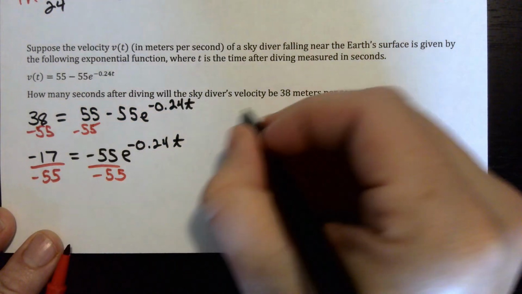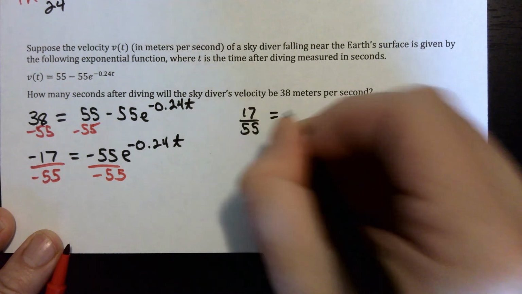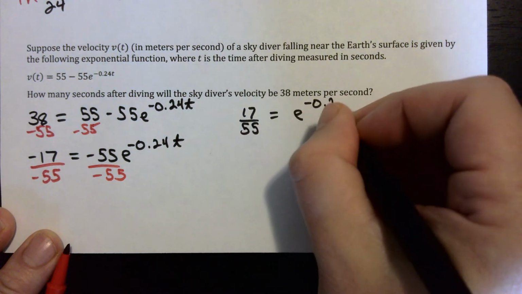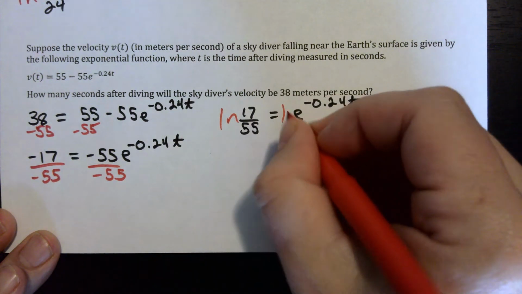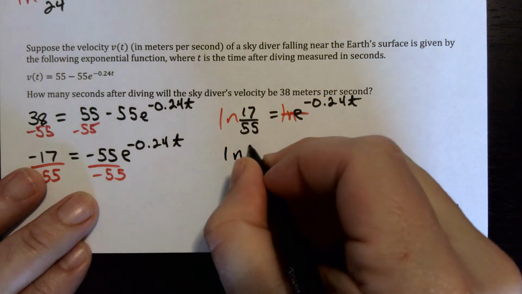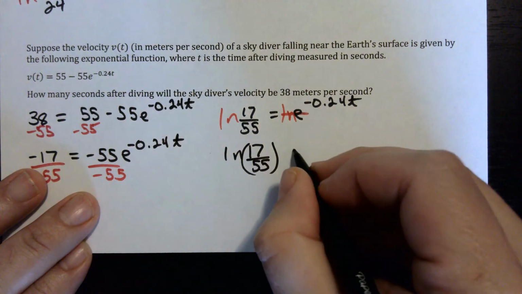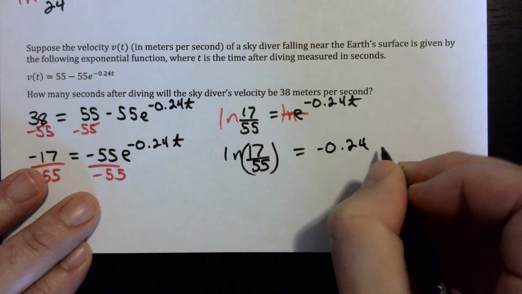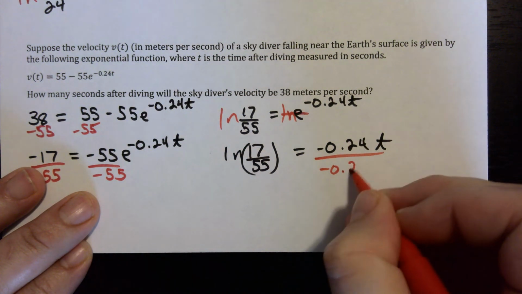So we get 17 over 55 is equal to e to the negative 0.24t. We apply an ln to both sides so that the e cancels on that side. So that gives us ln of 17 over 55 equals negative 0.24t.